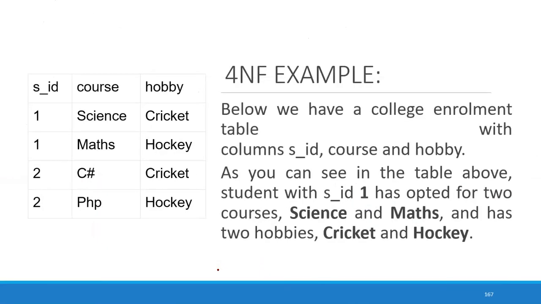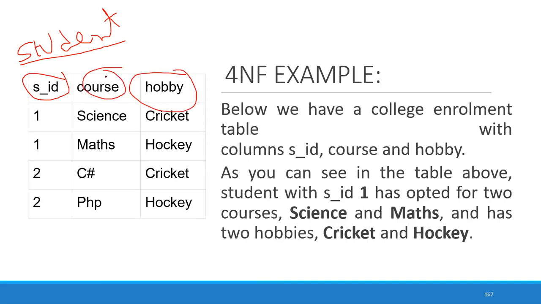Now with this example you can understand easily. We have a table named student, with 3 attributes: student ID, course, and hobby. Course is dependent on student ID, and similarly hobby is dependent on student ID.